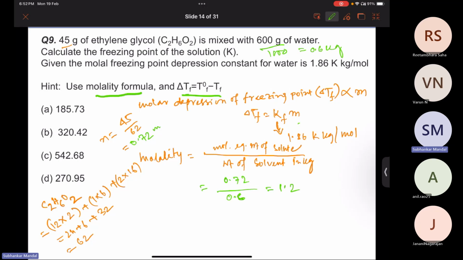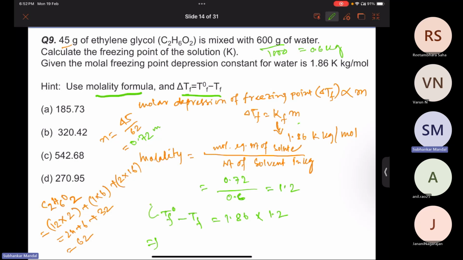Now we can put this in. Del TF, that is TF naught minus TF, is equal to Kf 1.86 into 1.2. So what is TF naught?